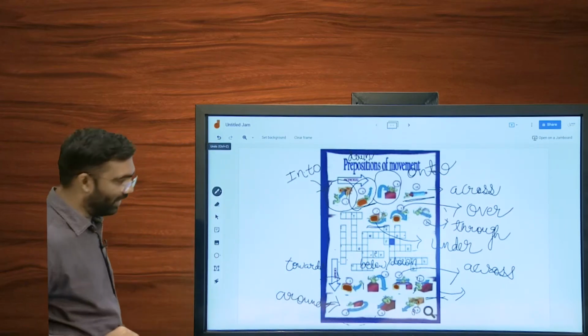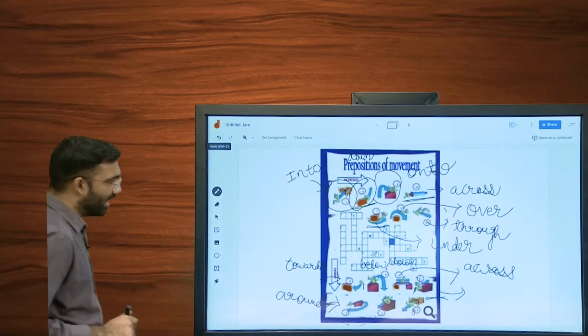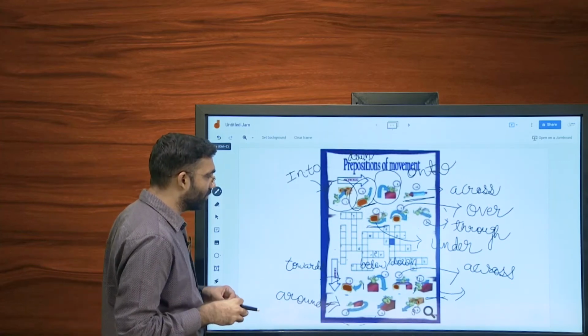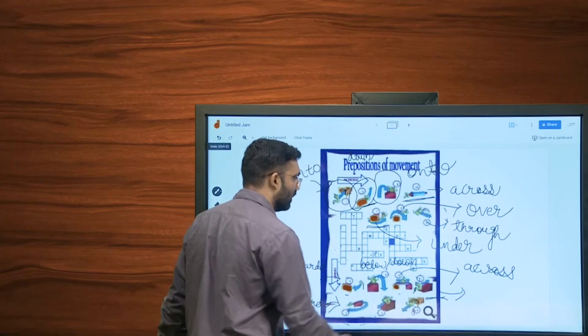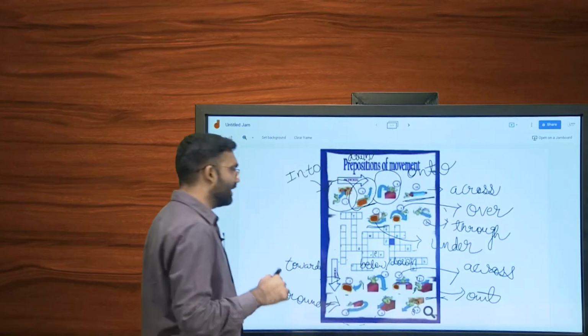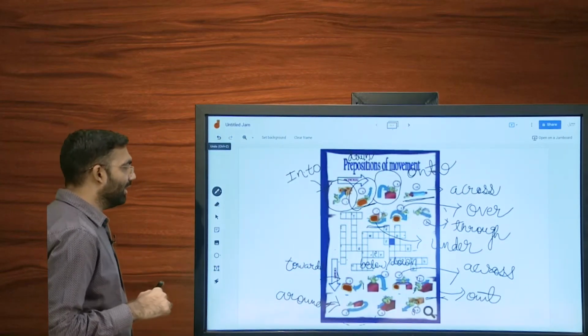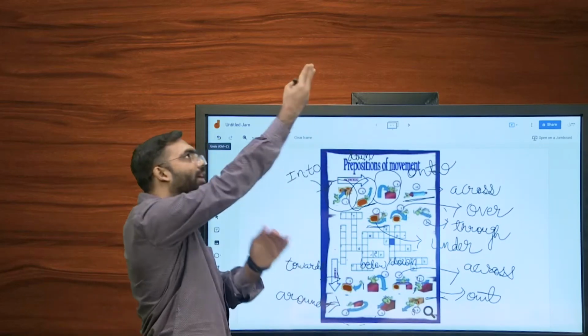Yes, around one. Then this is down. Then something is from inside, it's coming outside. So it's called out. Yes. And this is going from below, it's going where?